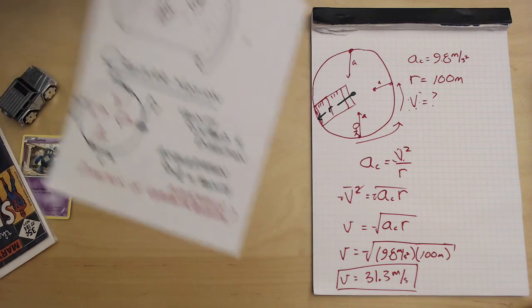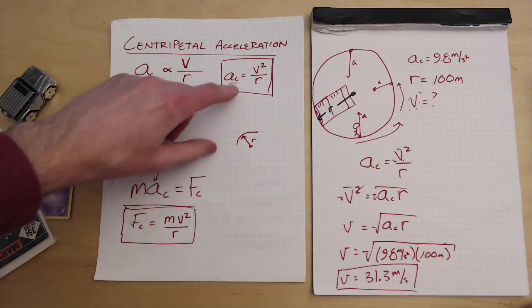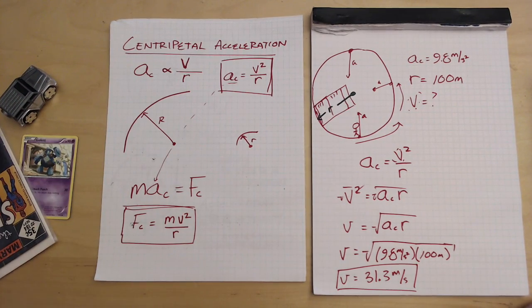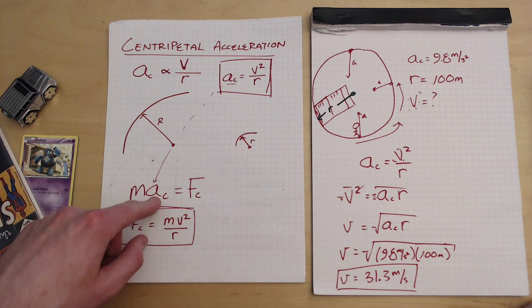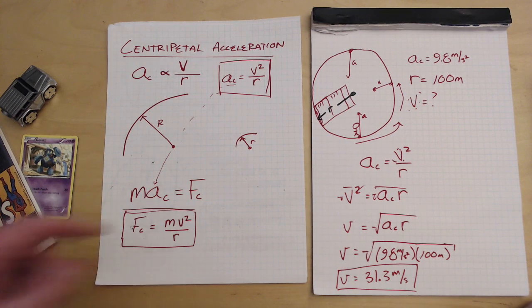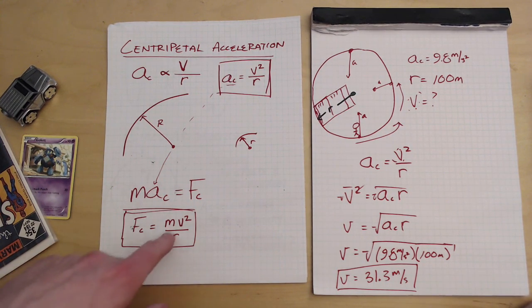Also, recall that the equation for the centripetal acceleration is v squared over r, and that if we have a mass that is accelerating in the centripetal direction, that means there has to be some sort of centripetal force associated with it, and that equation is given by mv squared over r.